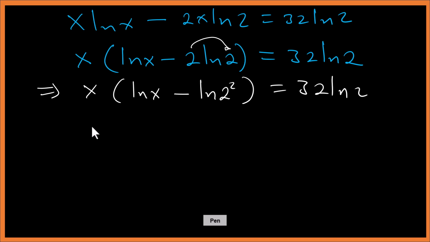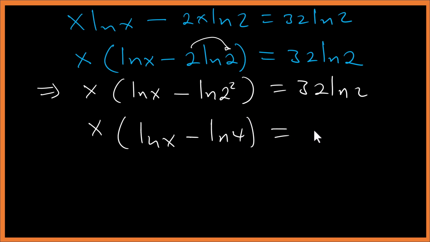So we have x times ln of x minus ln of 4 equals 32 ln of 2. All right.